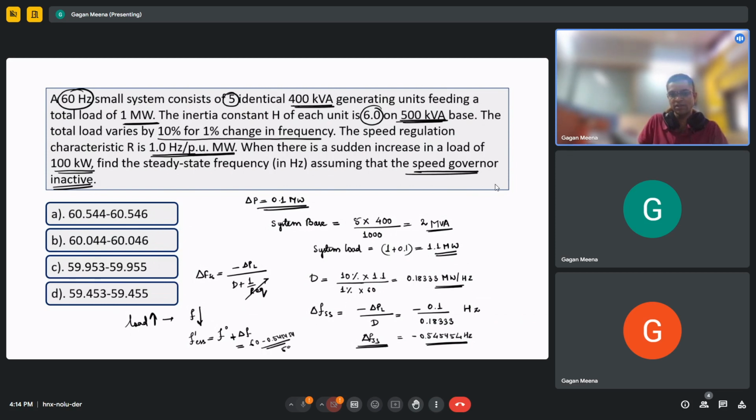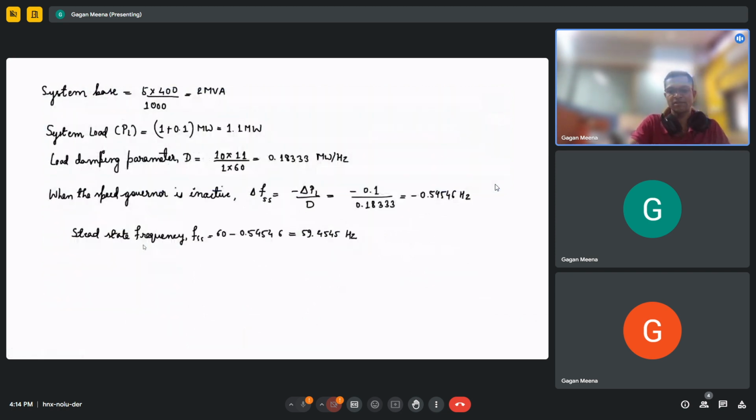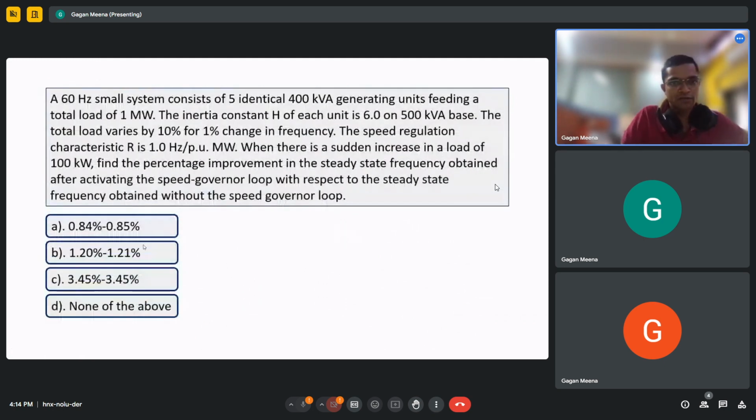So this is 59.4545 hertz. So which answer is correct here? 45 means this one. D answer is correct here. The same is done here also. So now the same question we see here.